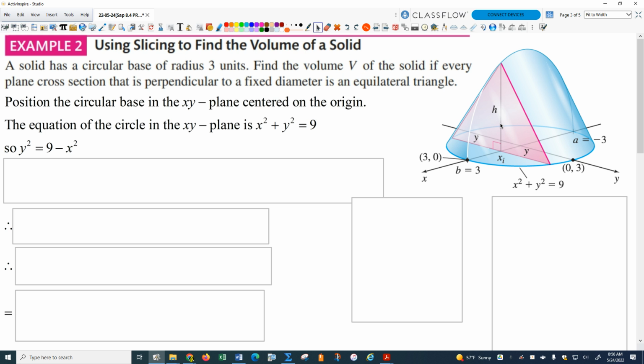Okay, there's some symmetry here too. What would my limits of integration be in this case? Do I have to go all the way from -3 to +3? What could I do? Just double it, right? There's symmetry there, so you're just going to go 0 to 3 and double it. Okay, so then this ends up, and there's the value of y, right?